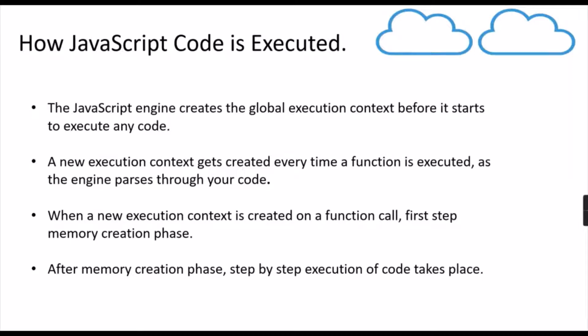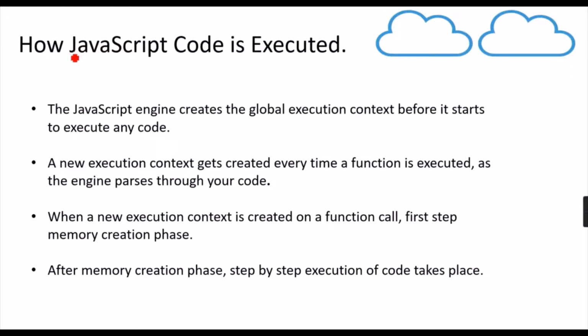When a new execution context is created on a function call, the first step is creating memory. Memory will be created, storing the variables or arguments of the function, right? After the memory creation phase, step-by-step execution of the code takes place.